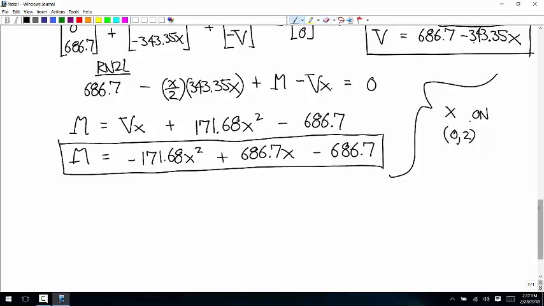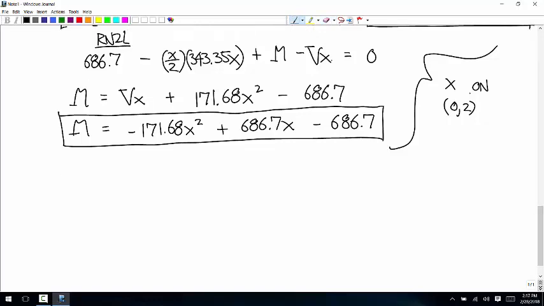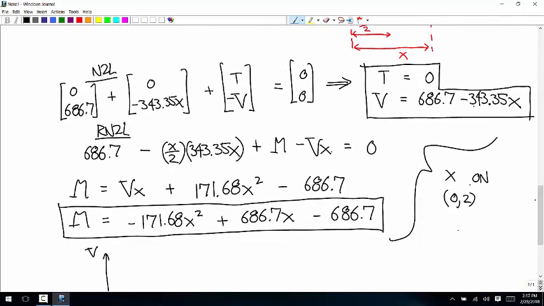Okay, so what do these functions look like? There's no tension anywhere. Then the shear force, if that's 2 meters, starts out at positive 686.7.